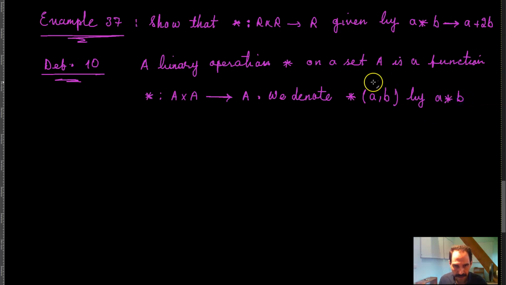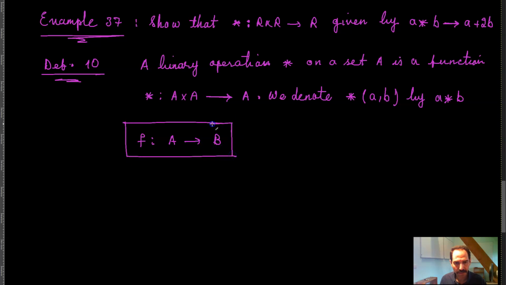So what that means is that, suppose you have some function f from A to B. This is a normal function. Let's say we are not talking about binary operations, just a normal function from A to B. This function is a type of relation from A to B, and a specific type of relation becomes a function, as you know.